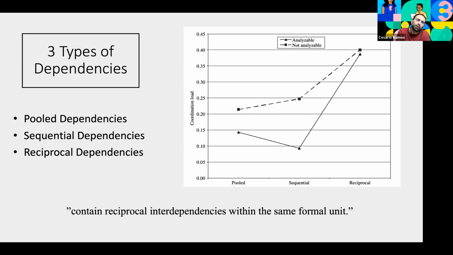And then there are other types of dependencies, like sequential dependencies, meaning this is a dependency that we can actually do sequentially. It's not very complicated, for example. We are pretty sure that when we hand off this work, they can do it without too much interaction with us.